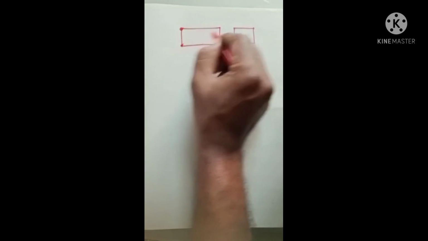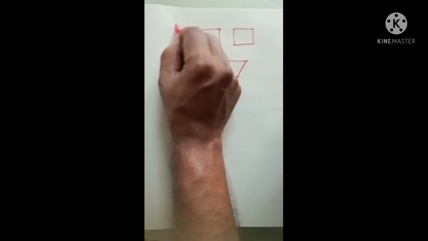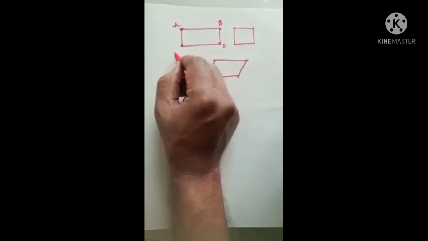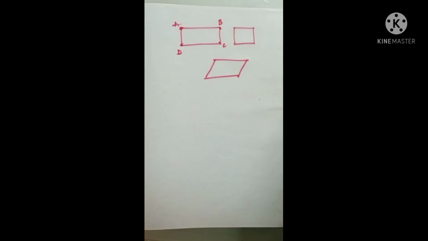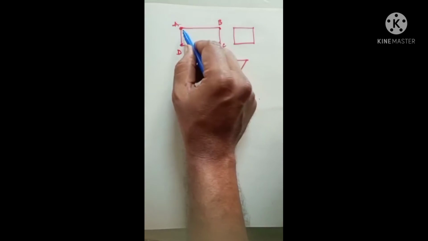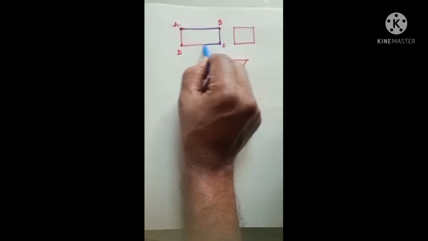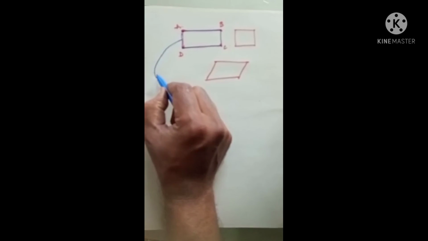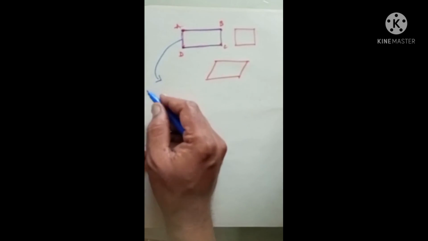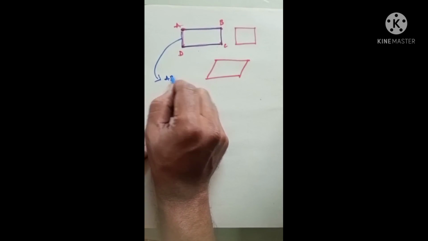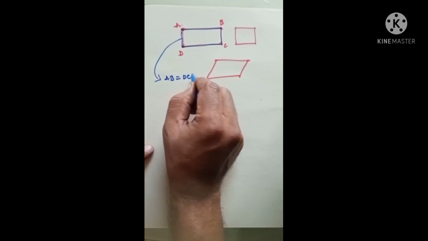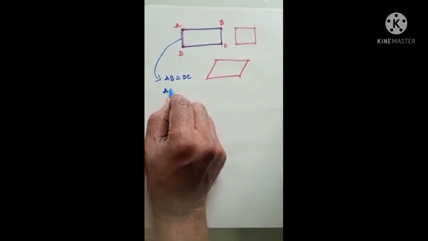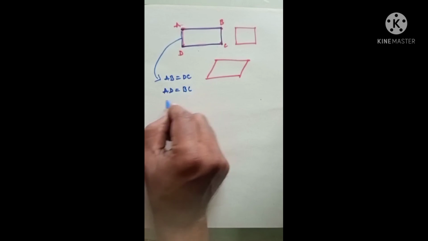In this case they will give you 4 vertices, A, B, C, D. If you want to prove that it is a rectangle, keep in your mind, first you find the lengths of all 4 sides. What should be equal? The opposite sides. I mean AB should be equal to DC, and AD should be equal to BC. This is the first condition.